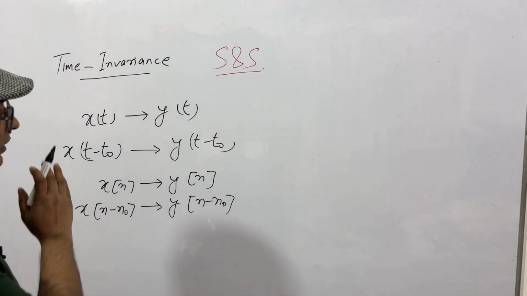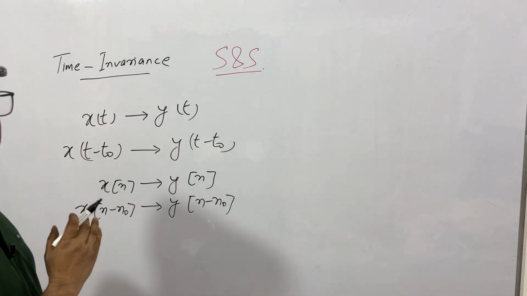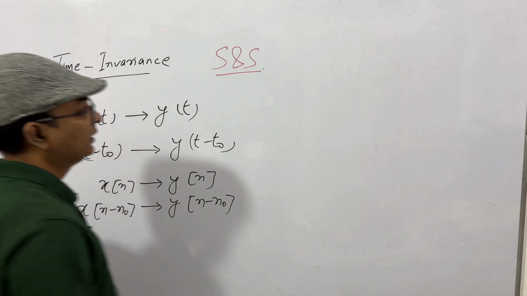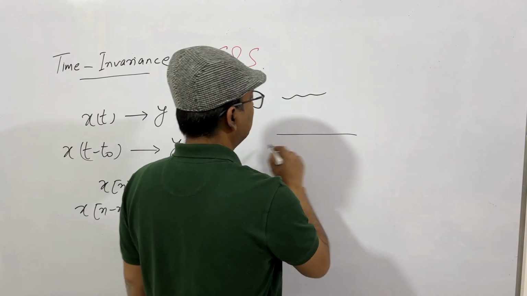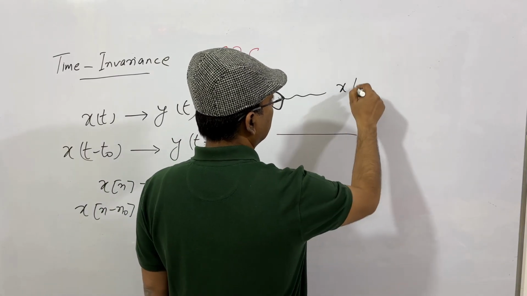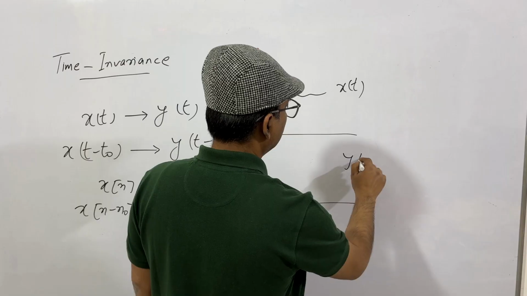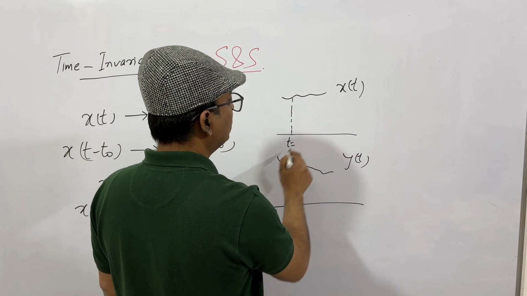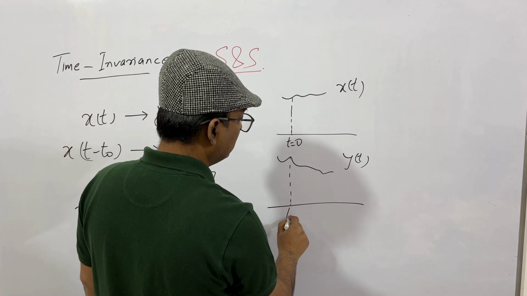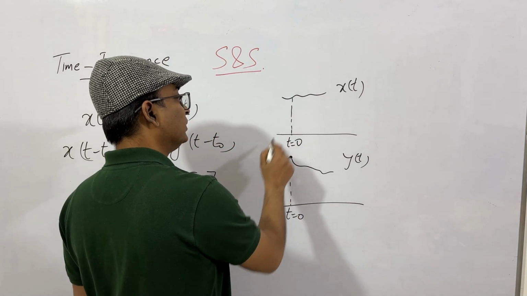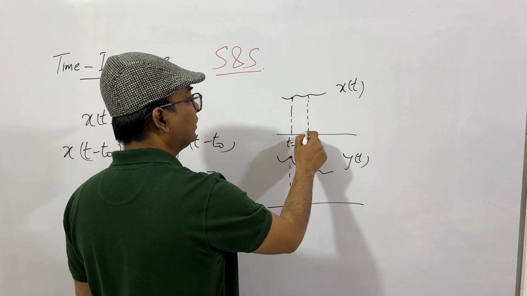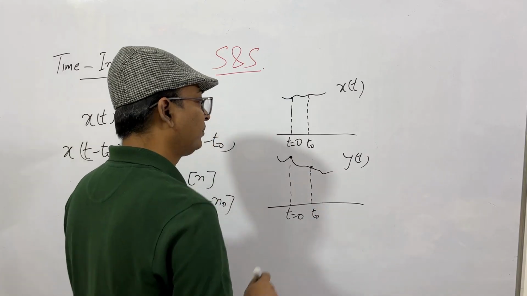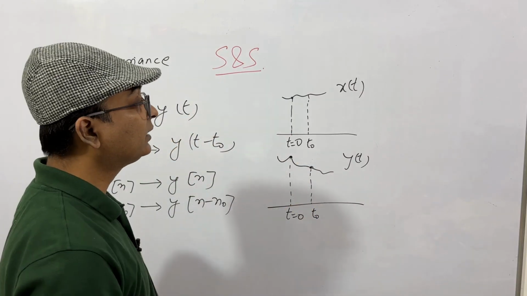Very clear? An equal shift in time: if there is a t0 shift in input, there should be a t0 shift in output. That is, if this is the x(t) curve and this is the y(t) curve, then when we talk of t equal to 0, the output should give the value at 0, and if we are talking of t at t0, then the output should be at t0. There should be equal shift. This is the meaning of time invariance.